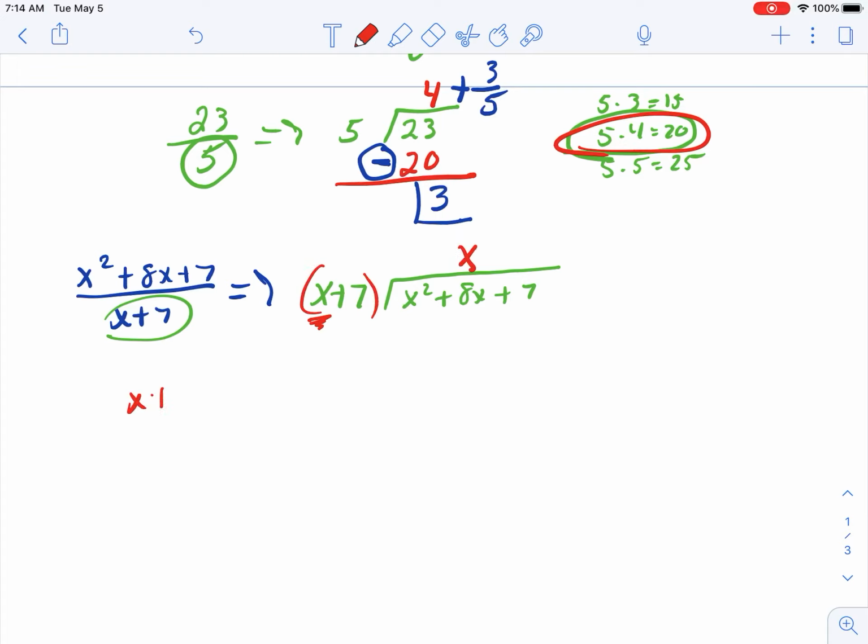So if I take x plus 7 and multiply by x, that gives me x squared plus 7x. So this is the number that I'm trying to get, the first one, not the second one. So what I have here is x squared plus, oops, that's 7x.